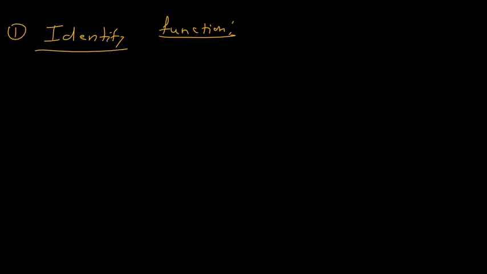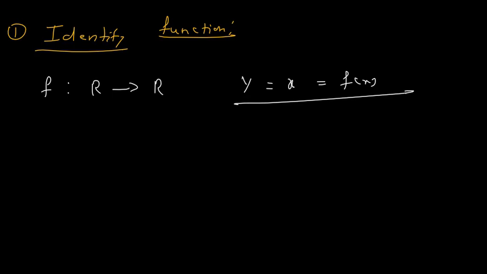I will define a function f from R to R, that is, the domain is real numbers and the range is also real numbers. So a function from R to R given by y is equal to x. y is what? y is f of x. So when f of x is equal to x, then the function is called the identity function.